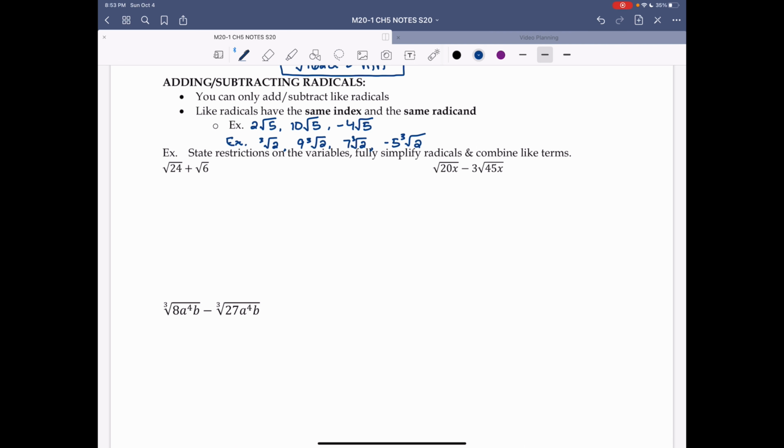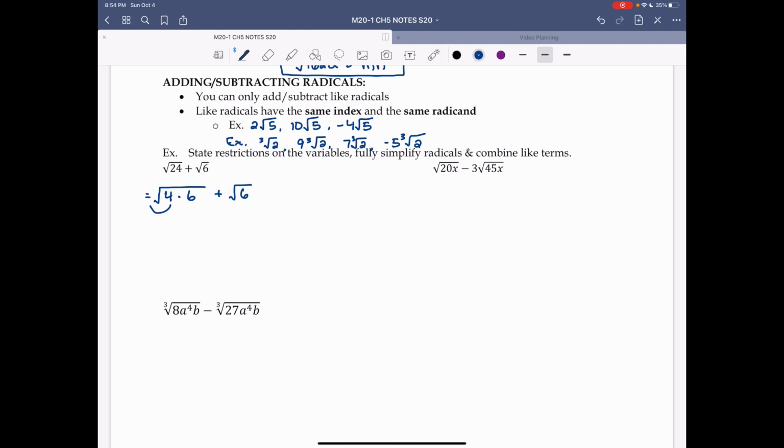State restrictions on the variables, fully simplify radicals, and combine like terms. First one doesn't have any variables, so we don't need to worry about restrictions. What's the biggest perfect square that divides 24? We have 4, 9, 16. It is 4 times 6 is 24, and then plus the square root of 6.